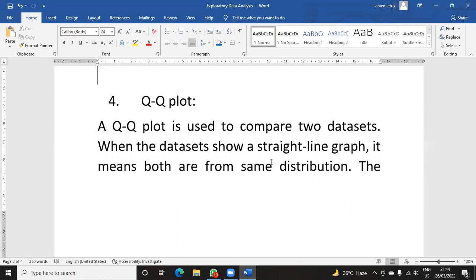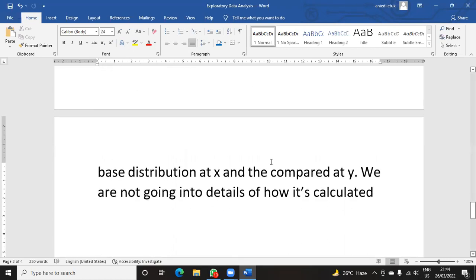Okay. But when you do not know if any of the populations are normally distributed, and you want to compare the two populations, you now do a quantile plot. So that's it.